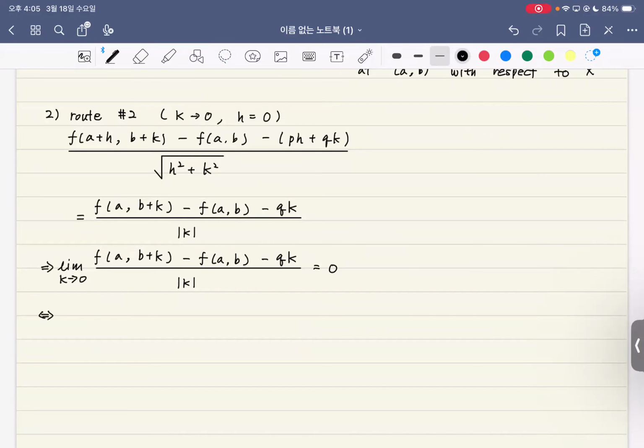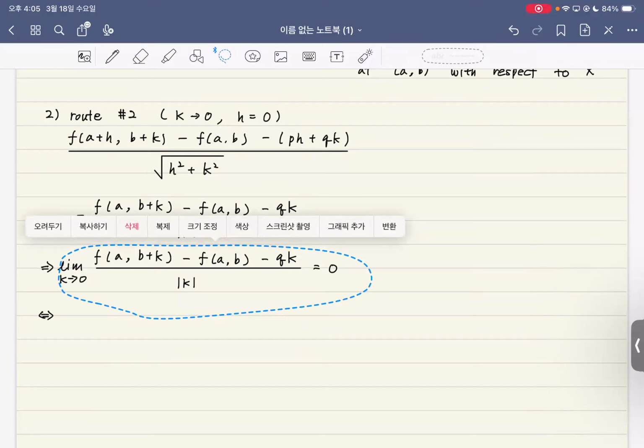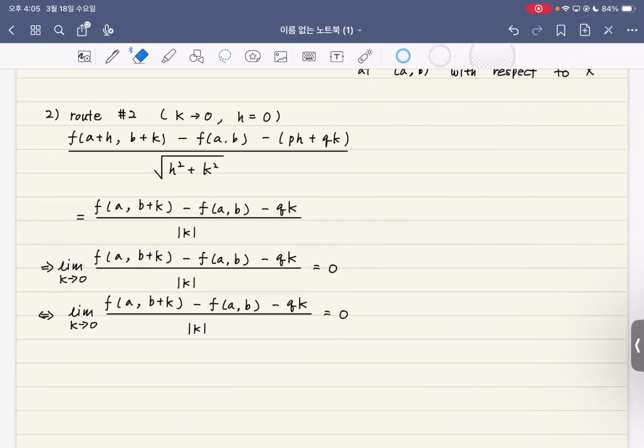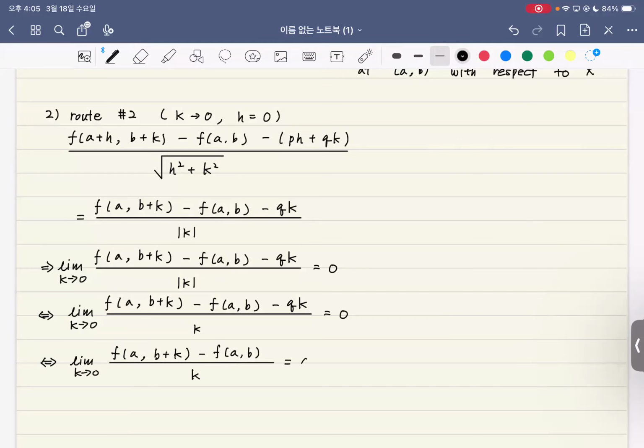Equivalently, this is the same as removing the absolute value from the denominator, and this is the same as f(a, b+k) minus f(a, b) over k is q.